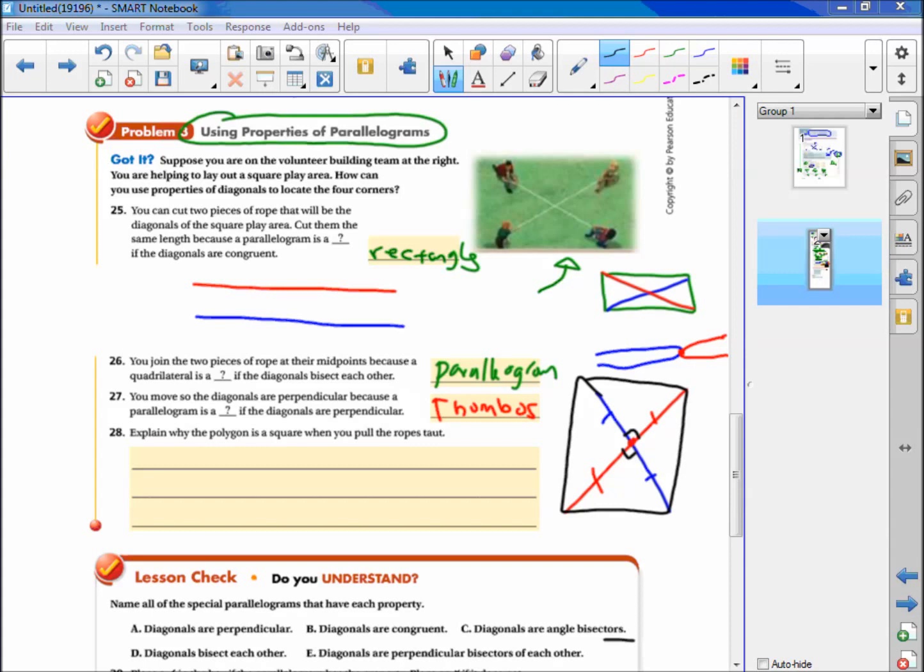Explain why the polygon is a square when you pull the ropes taut. So you pull the ropes out, and we can write all the stuff out. Congruent diagonals that bisect each other: we made our diagonals congruent, and we made them bisect each other.